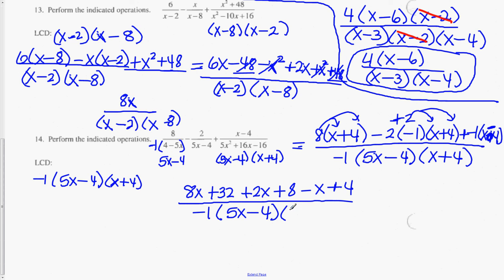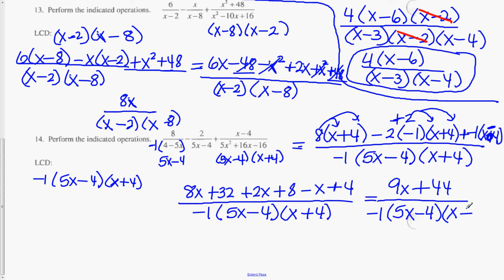All right, so we have 8x plus 2x, that'd be 10x, minus an x would give me 9x in all. I've got 32 plus 8, that gives me 40, plus another 4 gives me 44 in all on top. And I'm not going to be able to simplify that numerator. 9 doesn't go into 44. So negative 1 over 5x minus 4, x plus 4 would be my final answer.